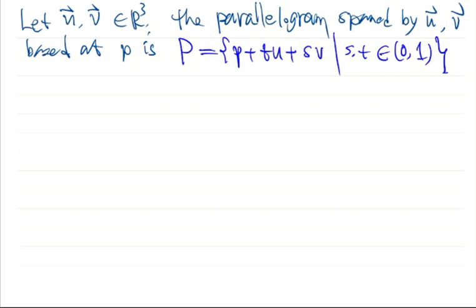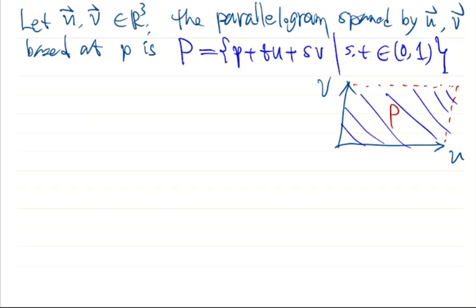Geometrically, this is U, this is V. So the corresponding parallelogram is this. This is P. In elementary geometry or analytic geometry, you have learned vector algebra.